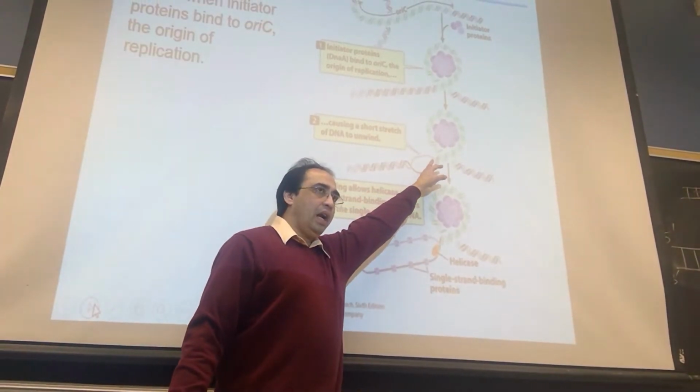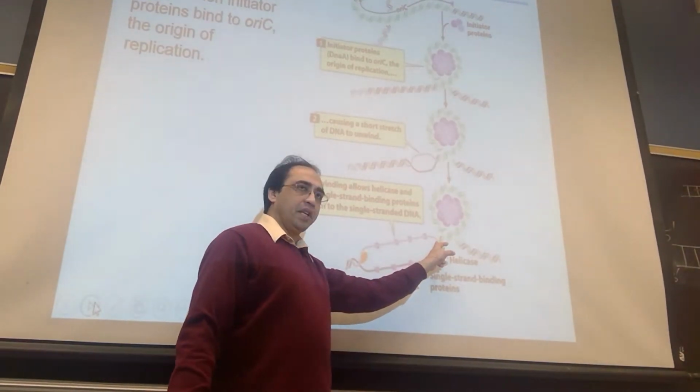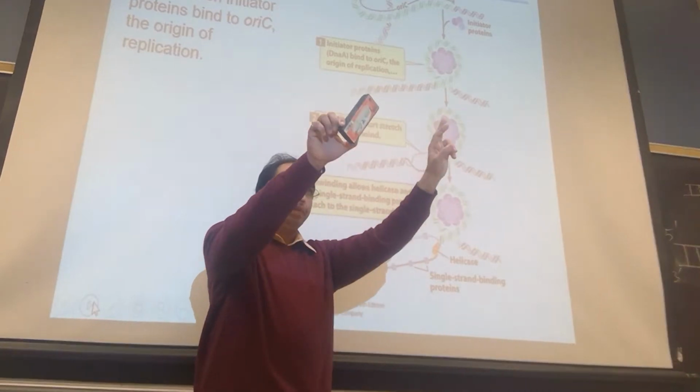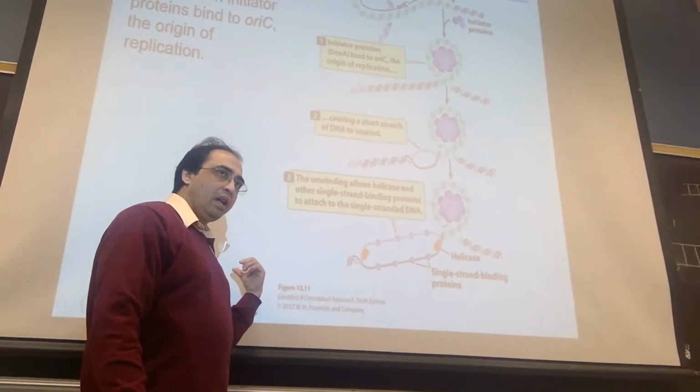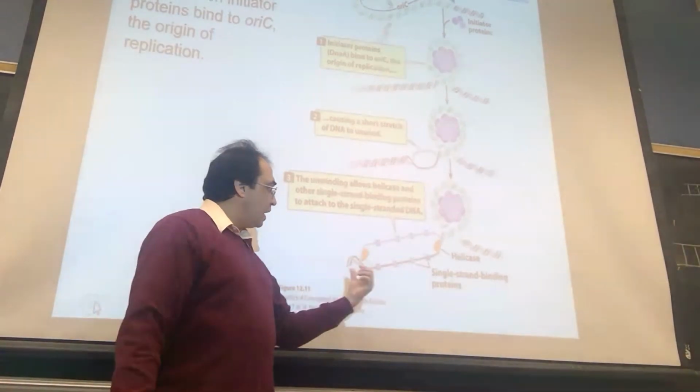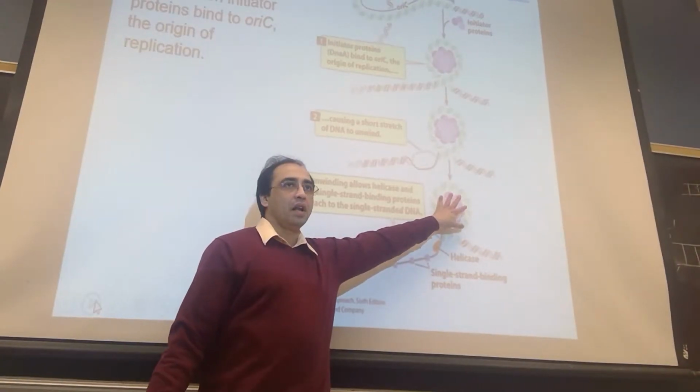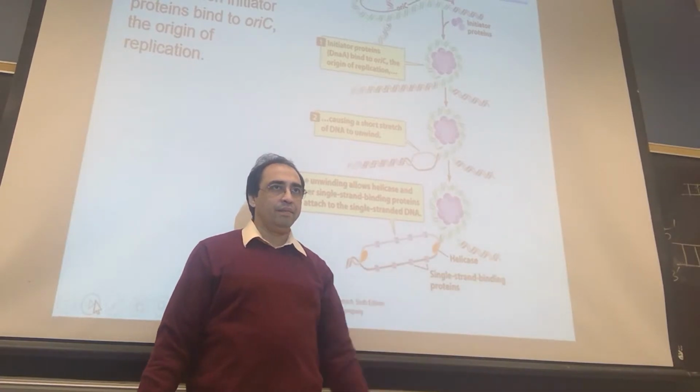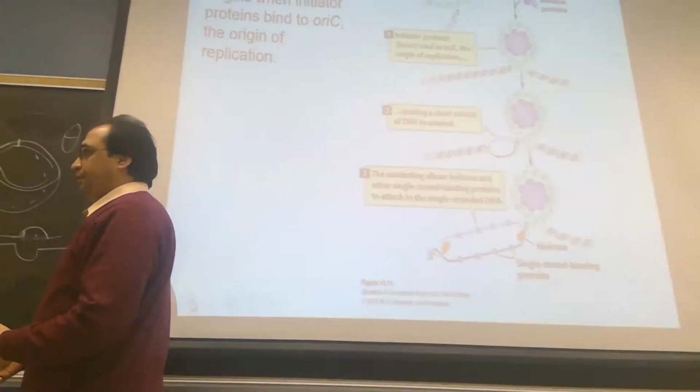When it is uncoiled, helicase comes here and opens up the process in a bidirectional way. Single strand binding proteins are attached to the single strands here, keeping it open. Then the function of this protein is done. Okay.